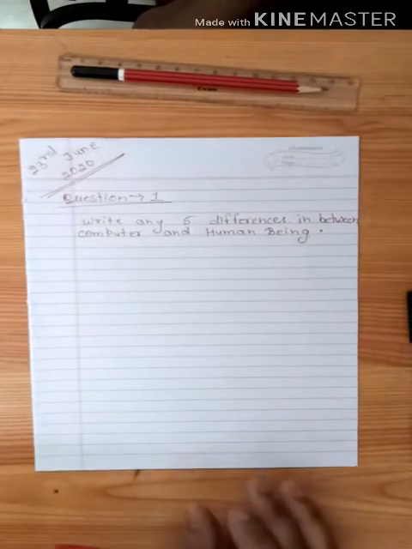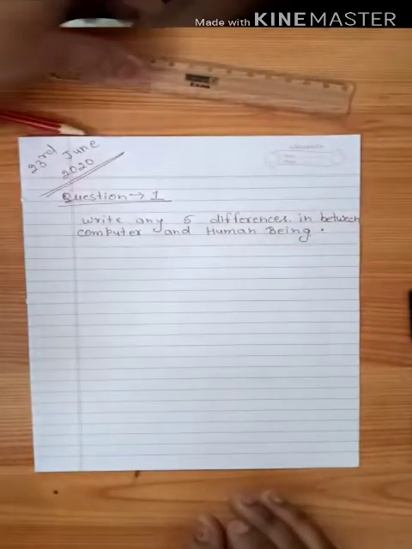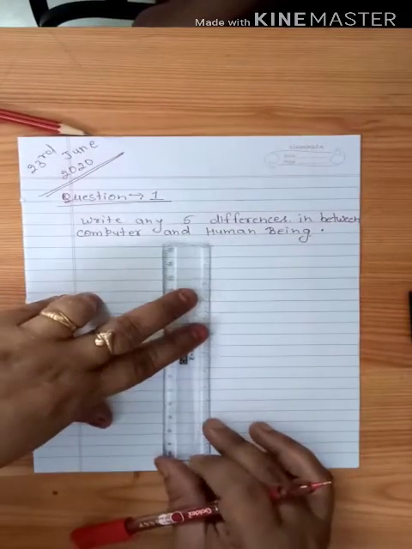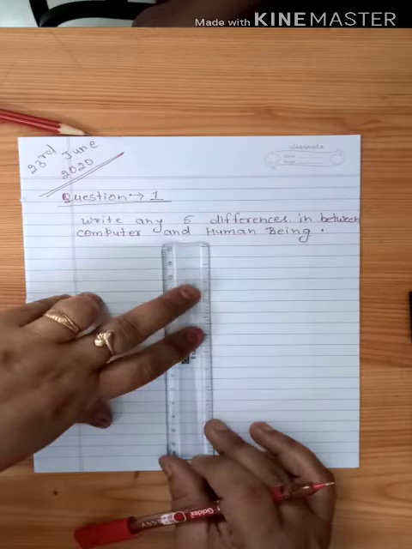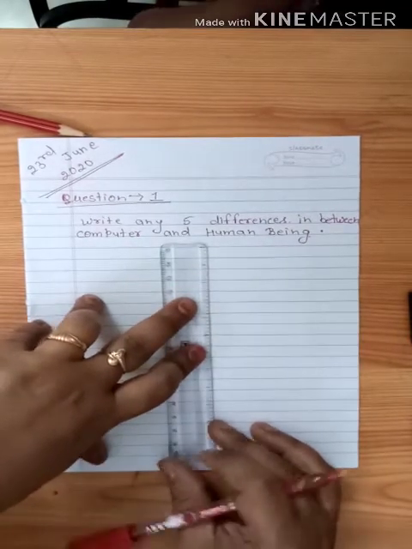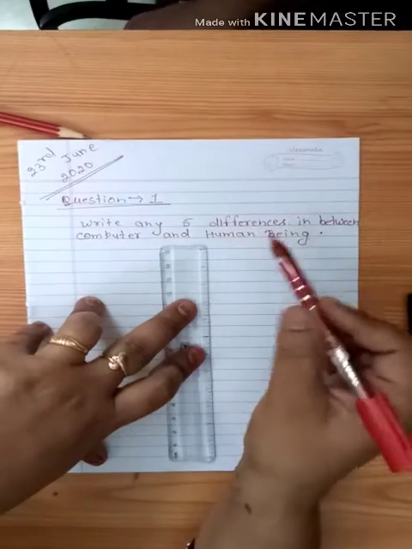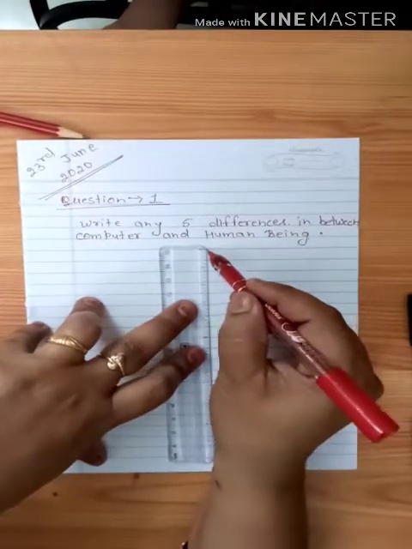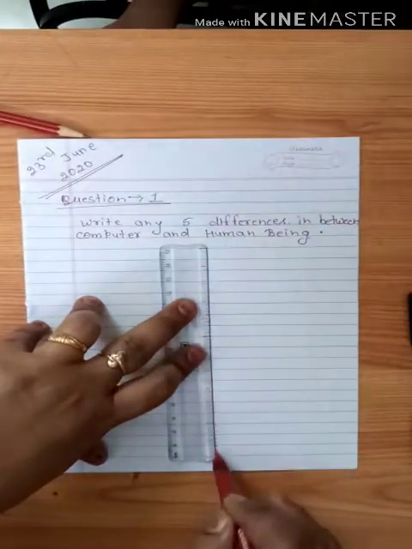Okay, so first of all you take your scale. In the previous class I have also told you that if you get any question where you have to write differences in between two things, then first of all you have to draw a line in the middle of the page.